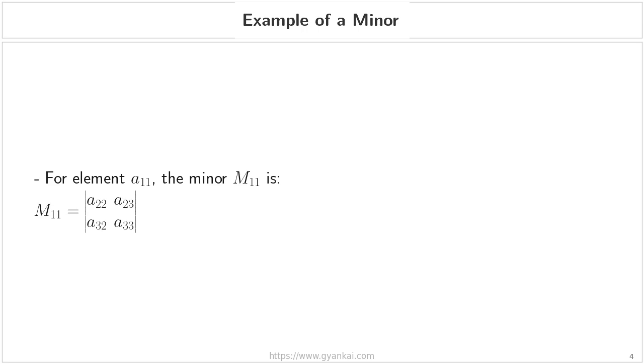As you can see on the screen, M11 consists of the elements a22, a23, a32, and a33 arranged in their original relative positions. This little 2x2 determinant is the foundation we'll use for the rest of our expansion. In the next slide, we'll move from this abstract notation to a real-world numerical example.